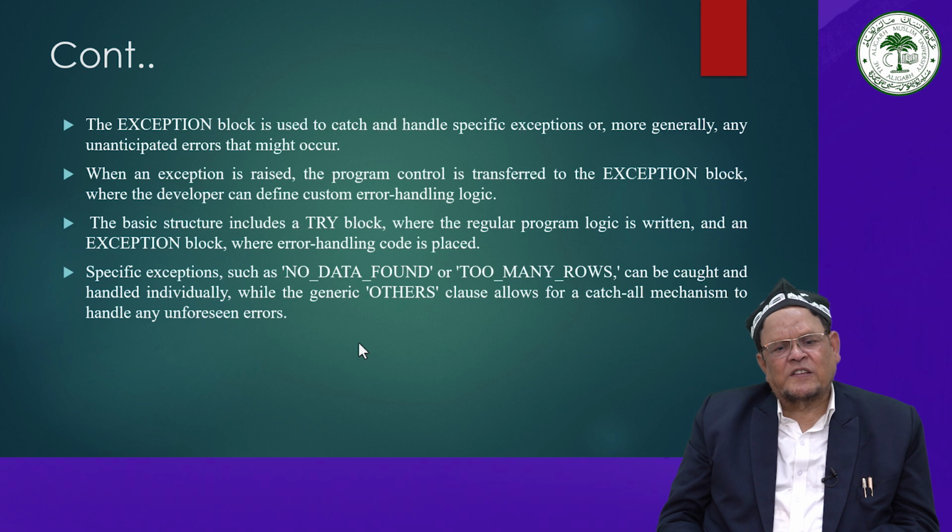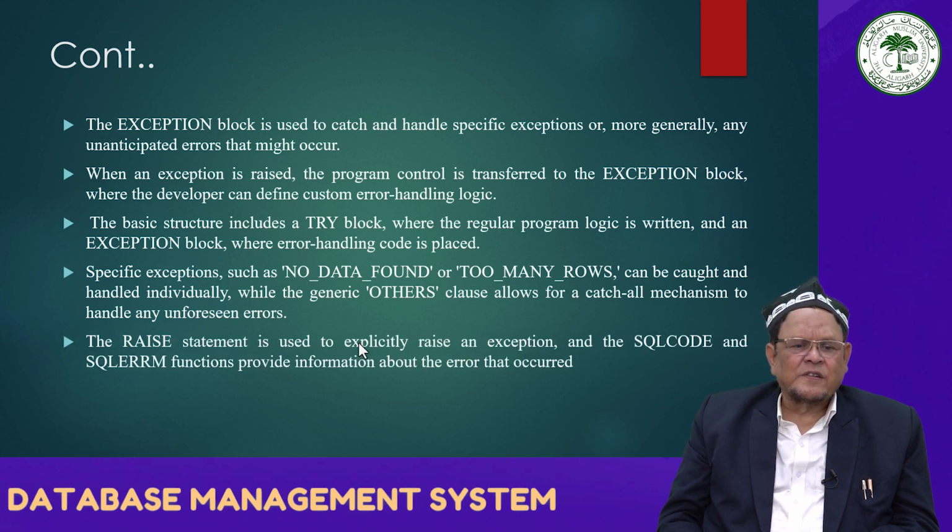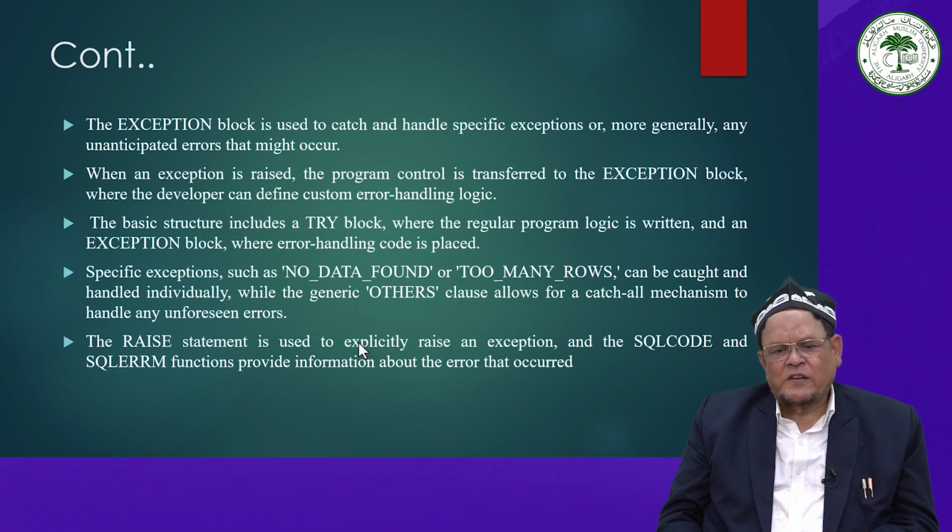Exceptions such as NO_DATA_FOUND or TOO_MANY_ROWS can be caught and handled individually, while the generic OTHERS clause allows for a catch-all mechanism to handle unforeseen errors. The RAISE statement is used to explicitly raise an exception, and SQLCODE gives information about the error that occurs.